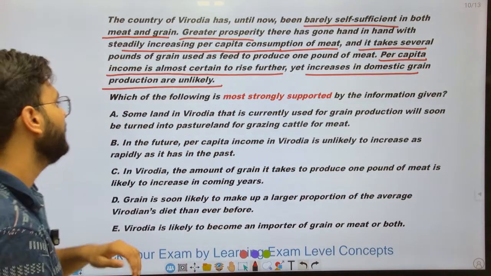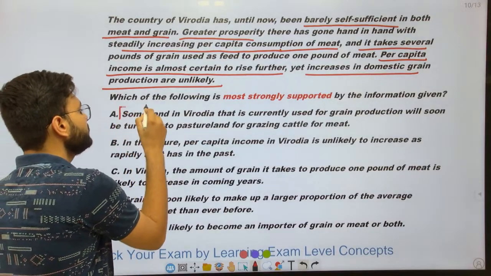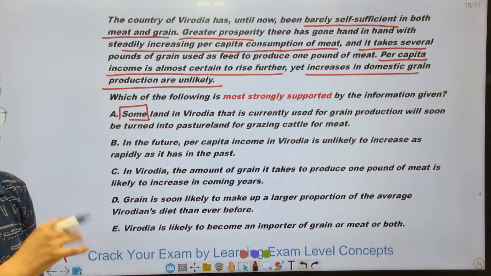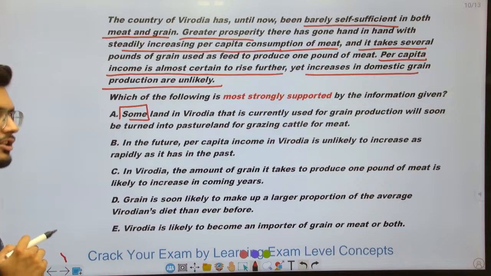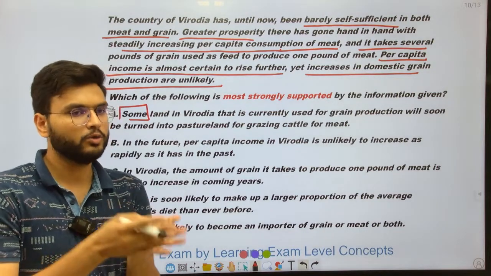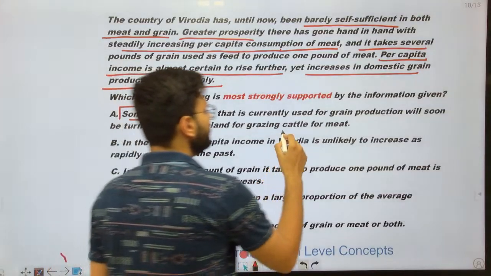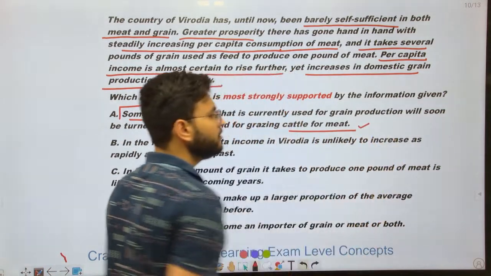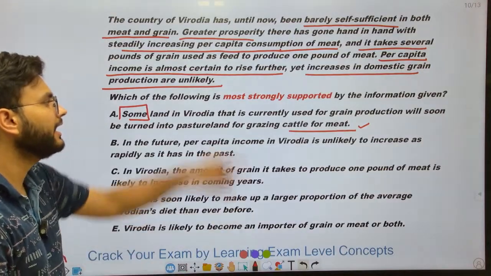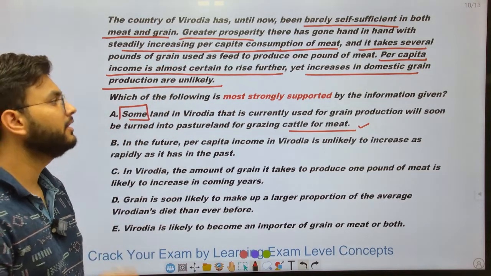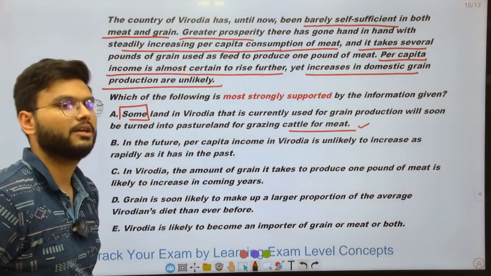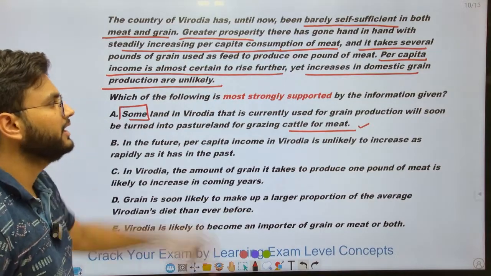Now again, first, some does not mean majority, and it does not give me a reason to believe that those lands will be sufficient to feed those cattle for the meat. Then how can I say that this choice most strongly supports the given information?